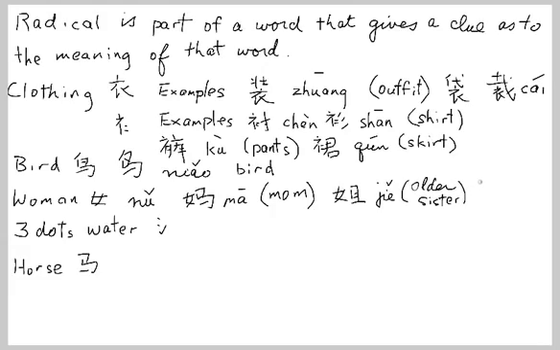And then, for instance, this word 妹, again the radical for woman, and then this word on the right, and this is 妹, means younger sister, pronounced in the fourth tone.